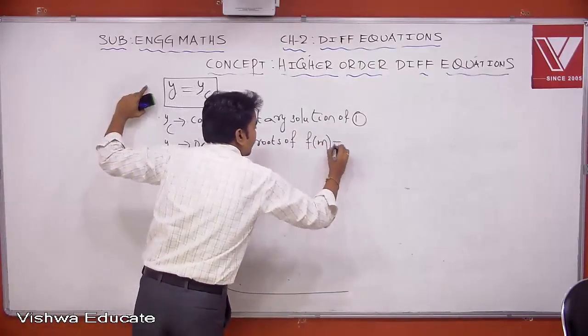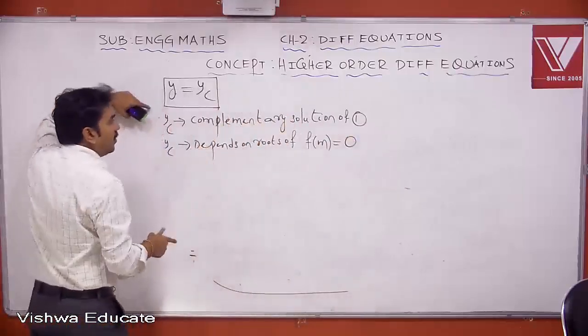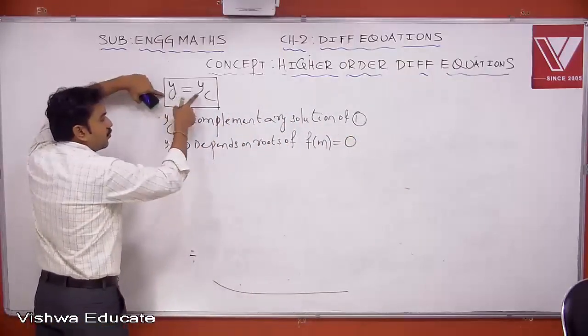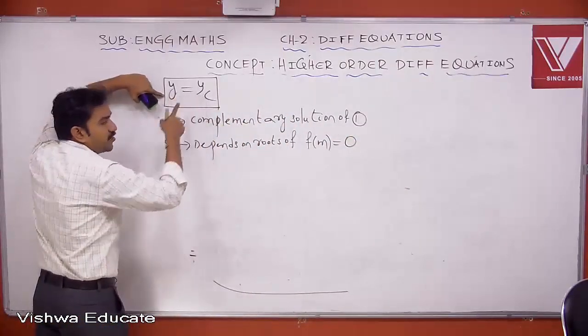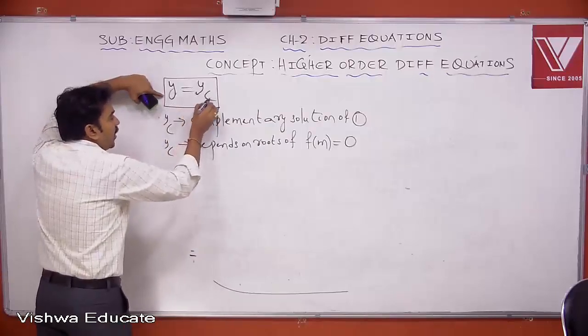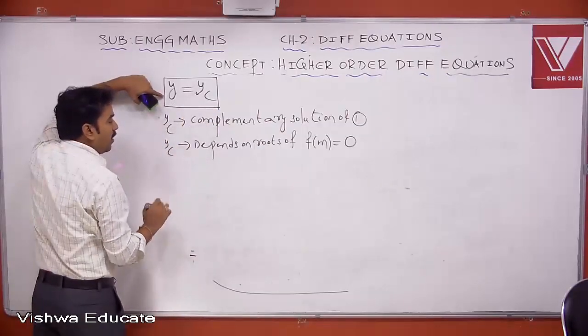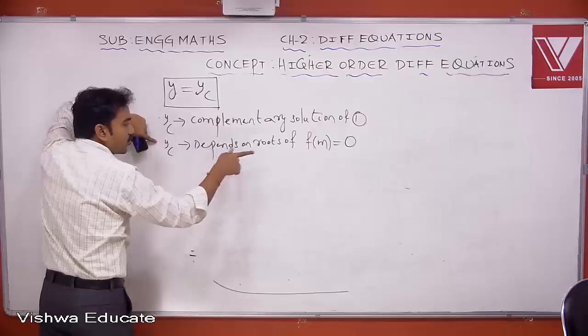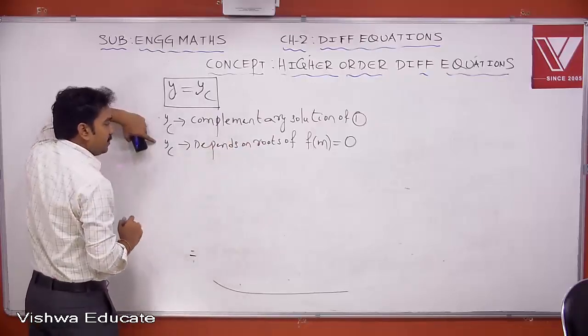The auxiliary equation is f of m equal to 0. So what is the general solution of equation 1? y equal to yc, where yc is the complementary solution, and this yc depends on roots of its auxiliary equation.